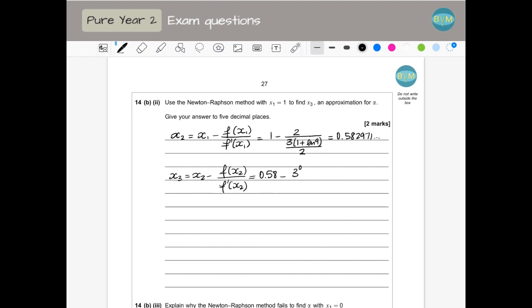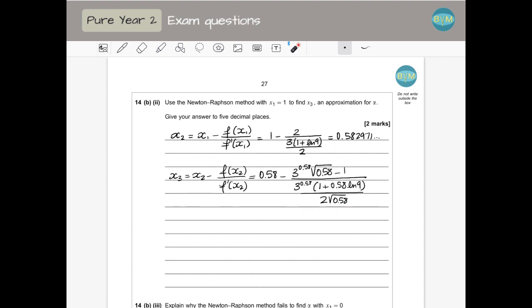The function, remember, is this one, so I'm going to write the value here: 3 to the power of the value in the memory, times root of the memory, minus 1, and then in the denominator 3 to the power of the value in the calculator, times 1 plus the value in the calculator again, ln 9, divided by 2 root the value in the calculator. I'm writing only 0.58, but you should be using the value that you have in the memory of the calculator.